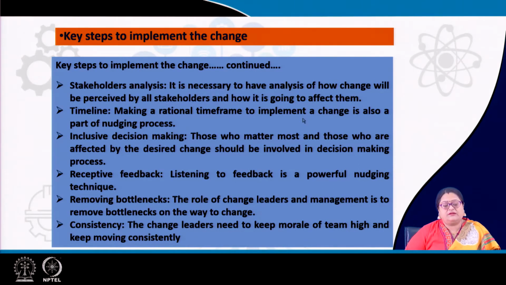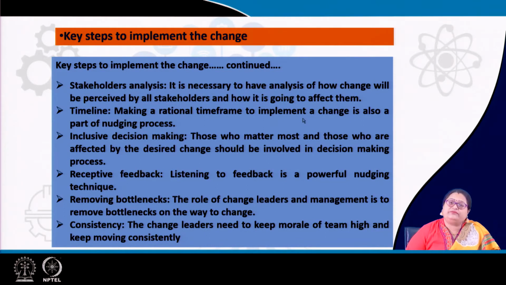Receptive feedback. Listening to the feedback is a powerful nudging technique. People will definitely have their own viewpoints. They will have their queries. They may have questions based on their uncertainties.